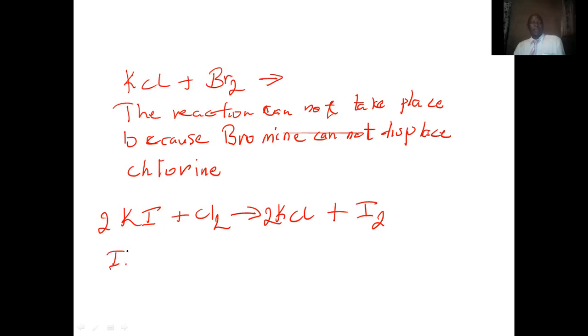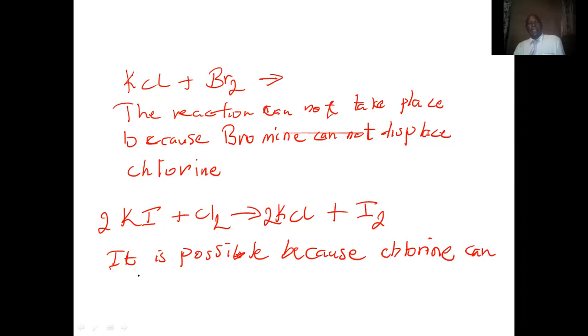It is possible because chlorine can replace iodine, because chlorine is more reactive than iodine, and therefore it can easily displace it.